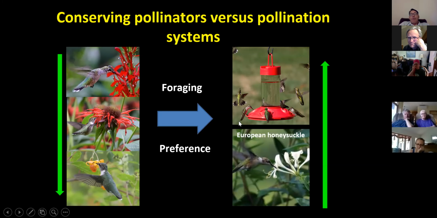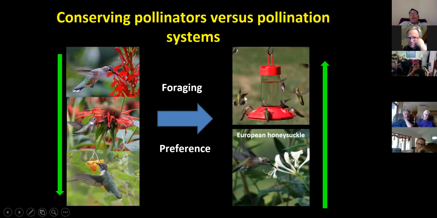Well, you're going to move over here. When you do that, what's going to happen here? No pollination, no seeds or fruit produced for other animals. And so although this is saving the hummingbirds, you're losing far more species by putting this up than you're gaining.